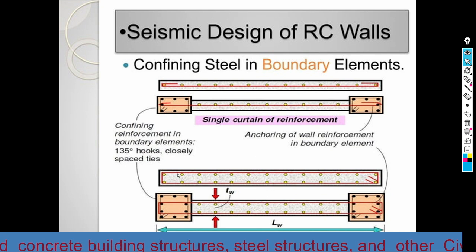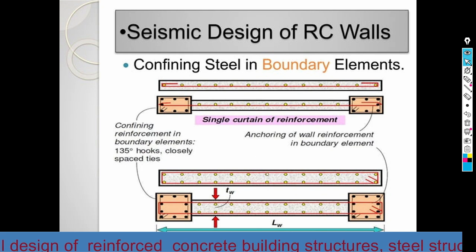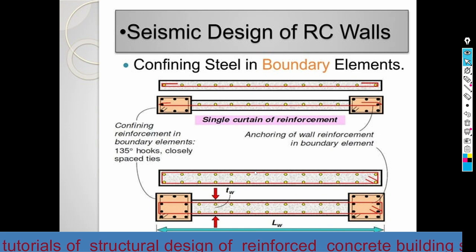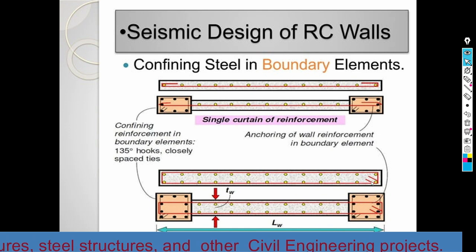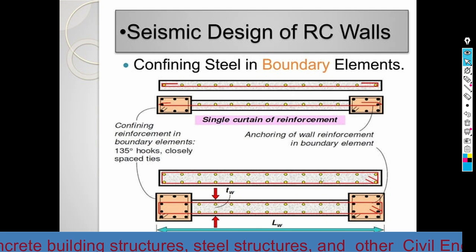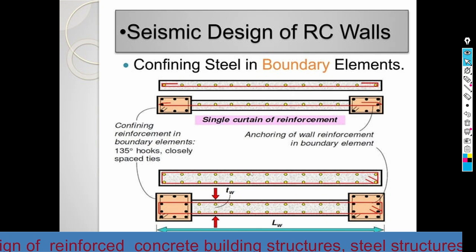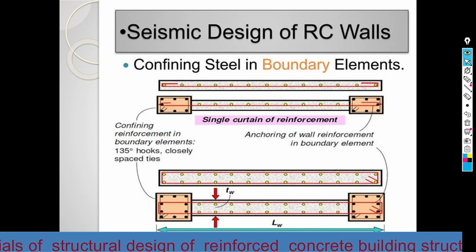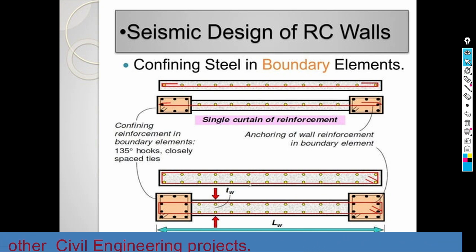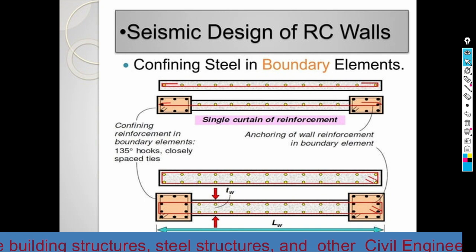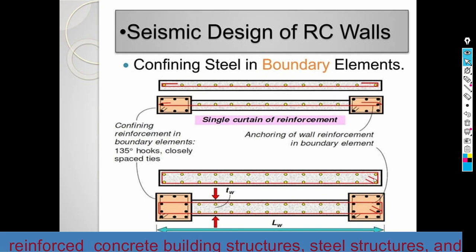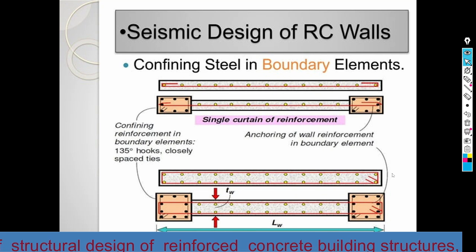And when we come to the thick wall, in a thick wall we need to provide two layers of vertical reinforcement. That means we need to provide vertical reinforcement at both faces. This is for the condition where there is no need of the boundary element.